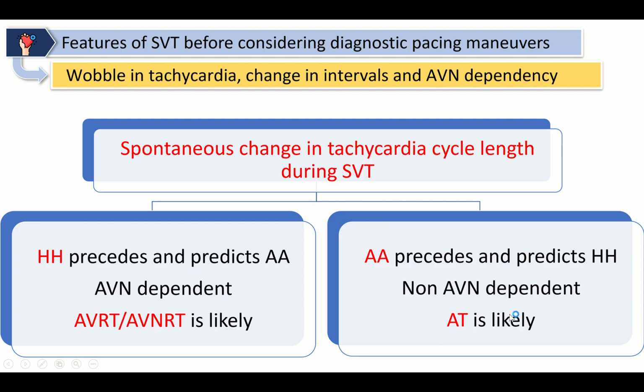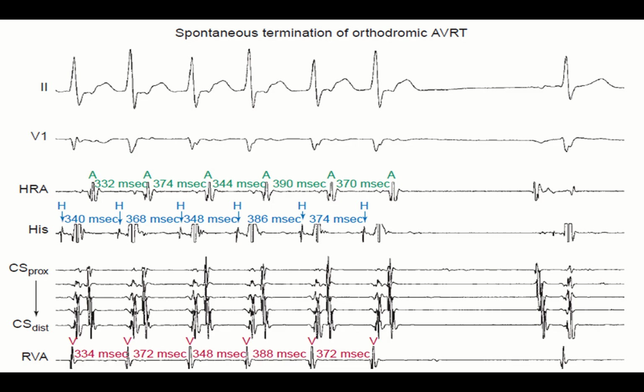However, in atrial tachycardia, it is non-AV nodal dependent, non-His dependent, so the AA interval will precede and predict the HH interval. In this case we can appreciate wobble in cycle length in the tachycardia, and the HH interval precedes the AA interval. So it is an AVRT.